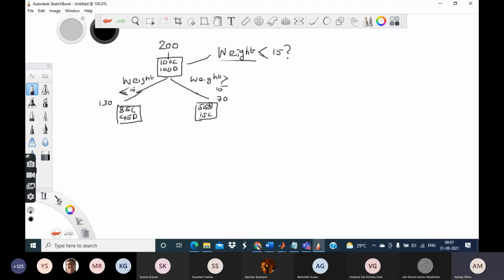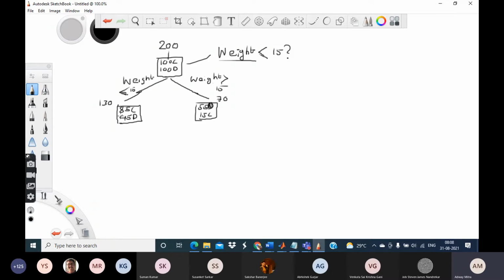Now my claim is that this split data set helps me to do classification in a more useful or more accurate way than what I could have done earlier. Why?